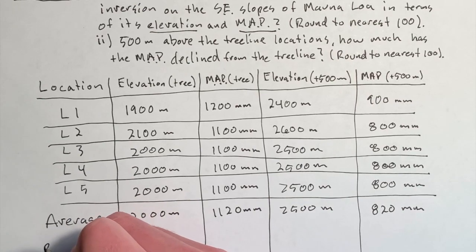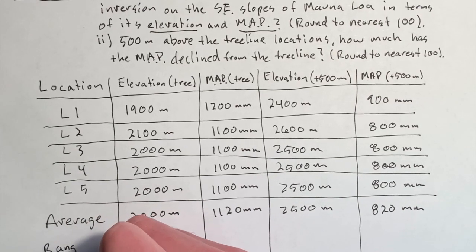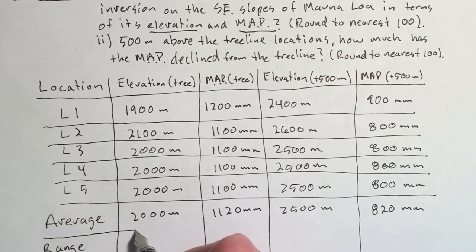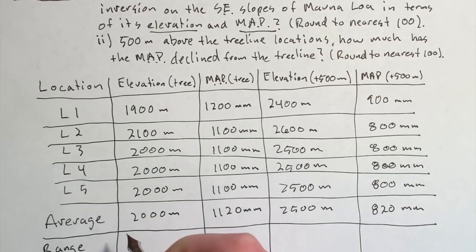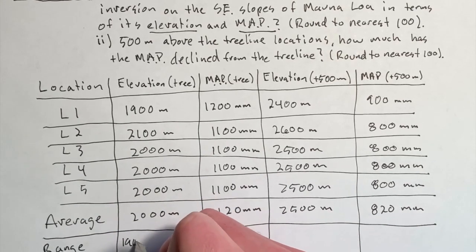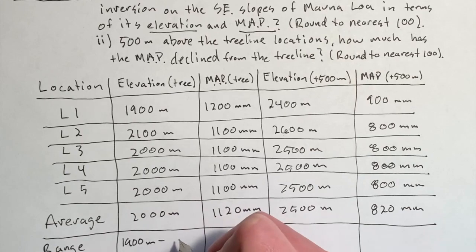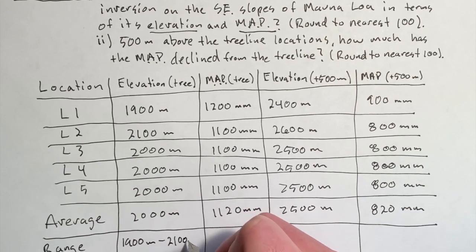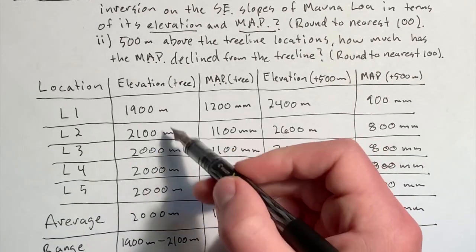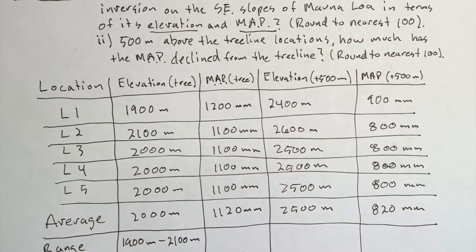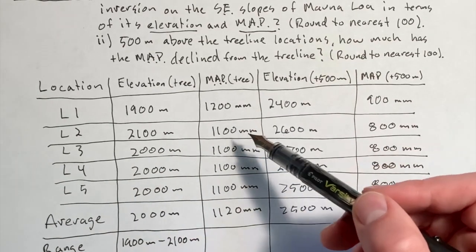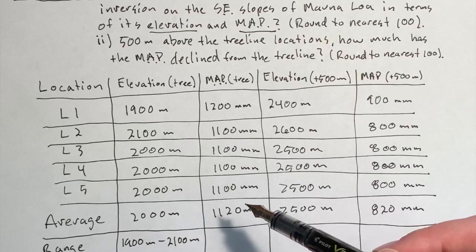So let's make a new row and call it range. And our range is just from 1900 meters to 2100 meters. It's our highest value right here and our lowest value right here. That's our range. And let's do that again for our mean annual precipitation.